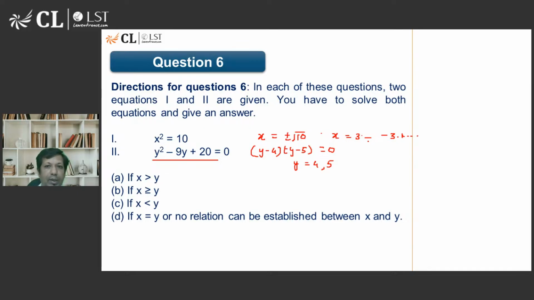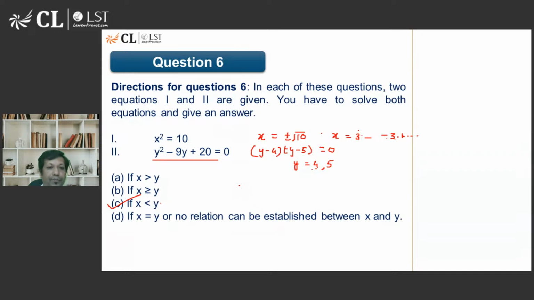If x is 3 point something, then y is either 4 or 5, y is always greater than x. If x is minus 3 point something, y is again greater than x. It means y is always going to be greater than x. It doesn't matter which value of x you pick, which value of y you pick. So the answer of this question is going to be option C, that is y is always greater than x.